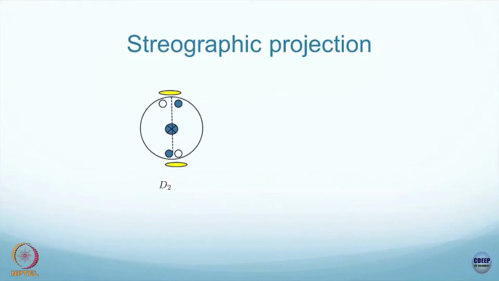When you do a D2 rotation, what will happen? It goes behind the plane, unlike your mirror reflection. Behind the plane I show it by a hollow circle. So, this symmetry is not going to be the symmetry of a water molecule. Okay. So, this is slightly different, it goes behind the plane.